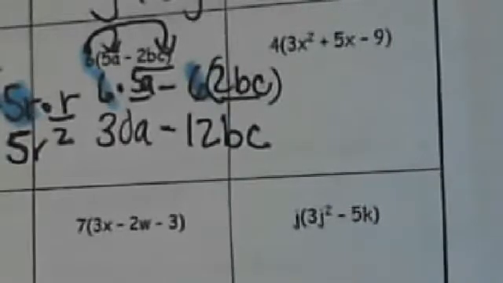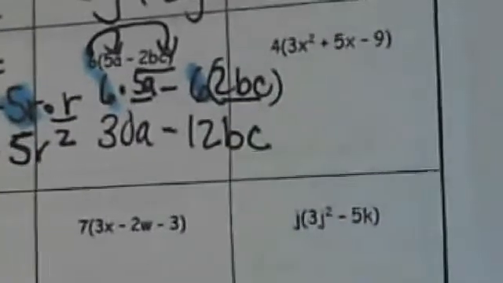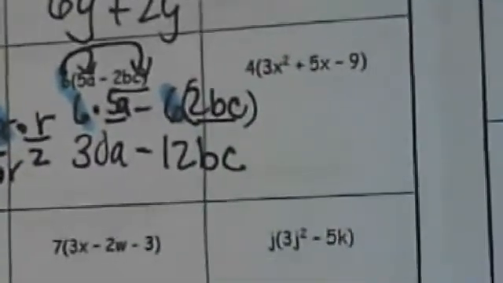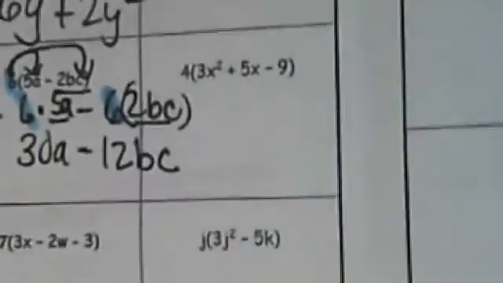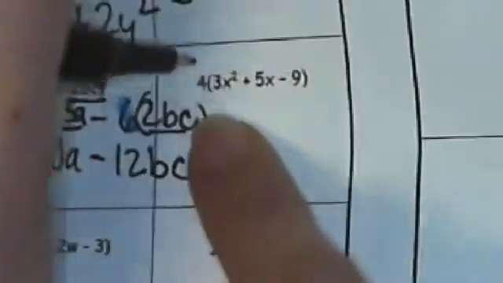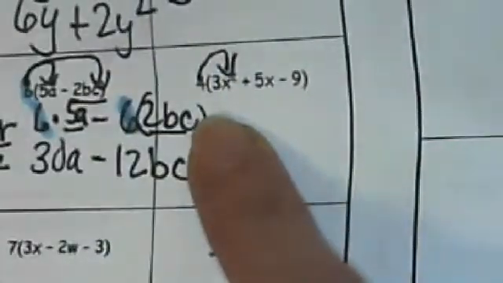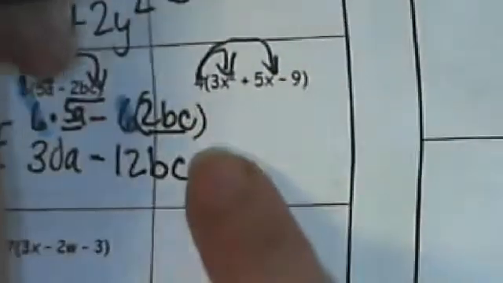With this next term, you've got 3 things inside the parentheses. So basically you're going to say 4 times 3x squared plus 4 times 5x minus 4 times 9.